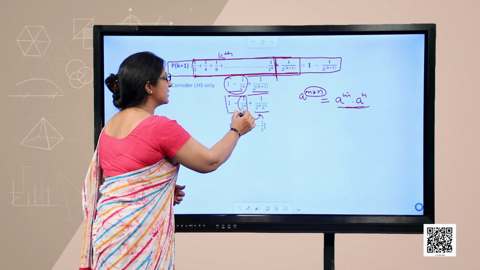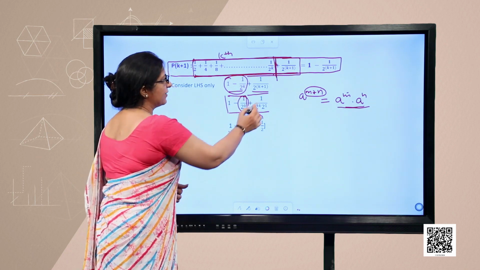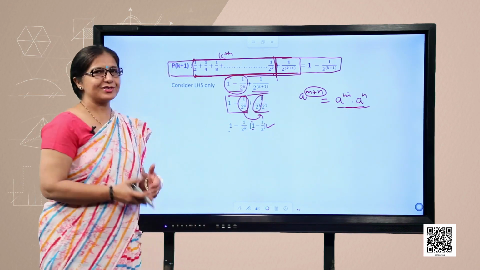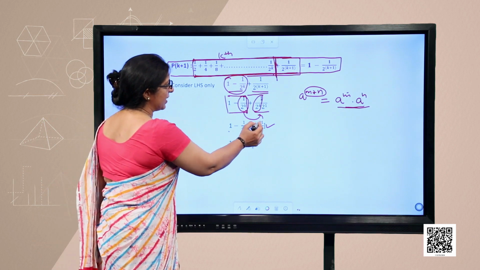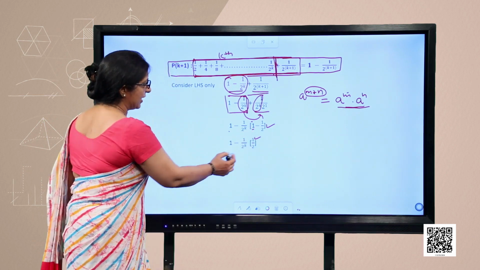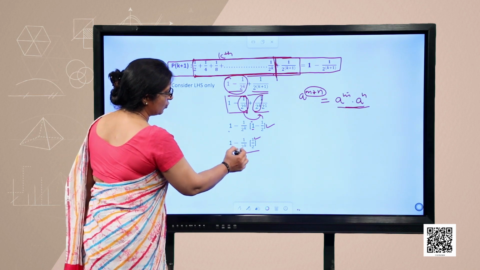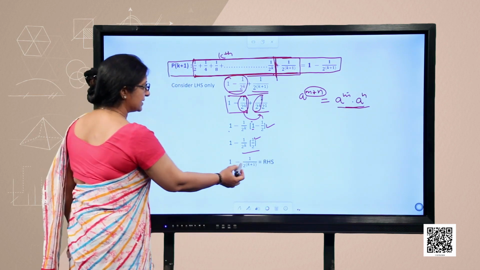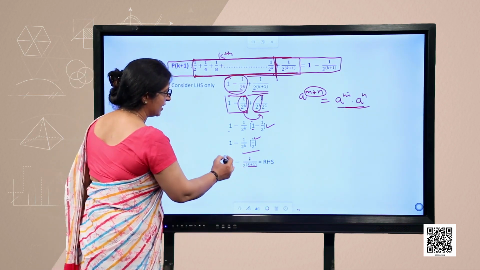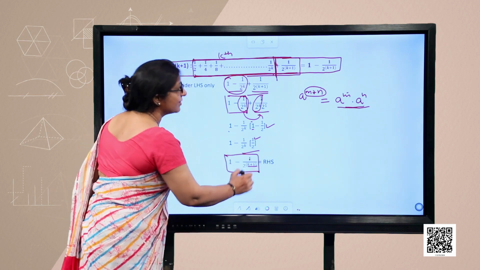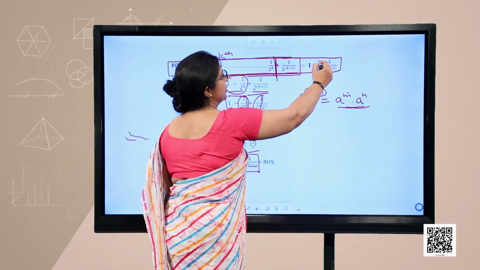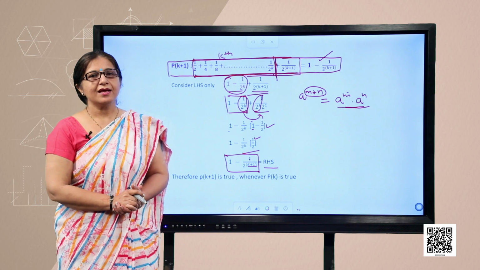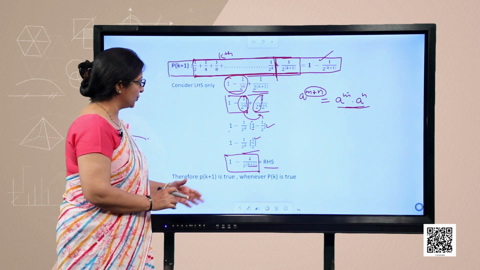Only 1 is left, and 1 upon 2 is left inside. 1 minus 1 by 2 is nothing but 1 by 2, and we are left with 1 upon 2 power k into 1 upon 2, which can be written further as 1 upon 2 power k plus 1, and this is the required expression that we wanted to prove. Therefore, this is equal to right hand side, and we can say that Pk plus 1 is true.